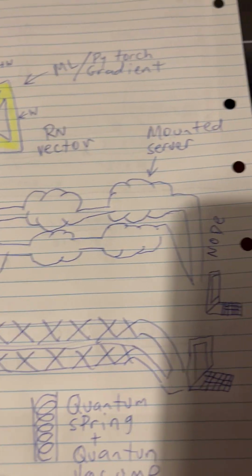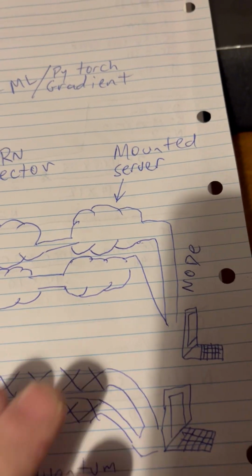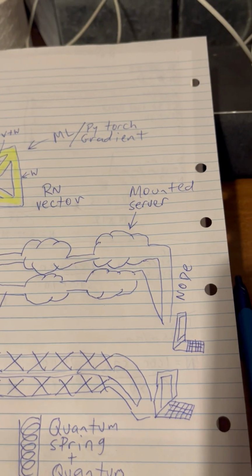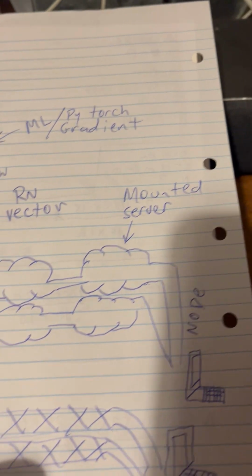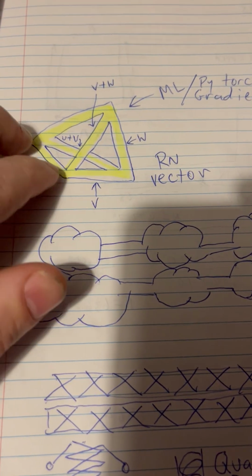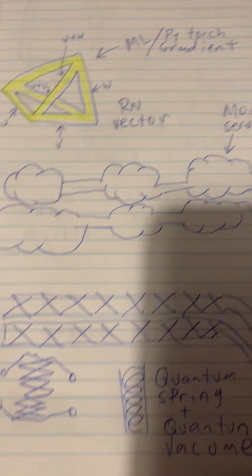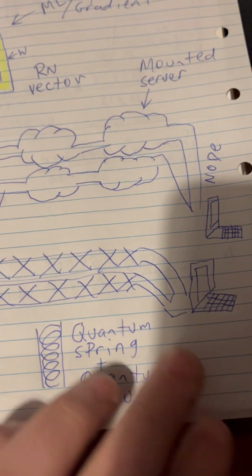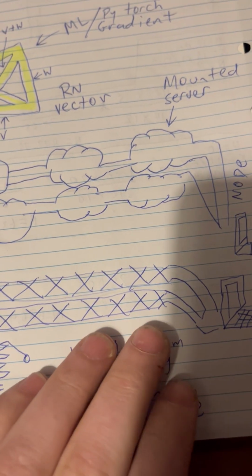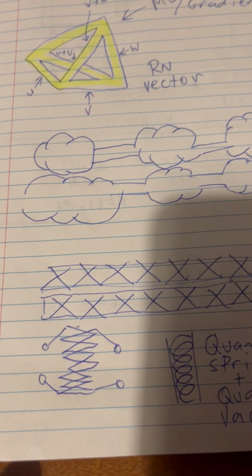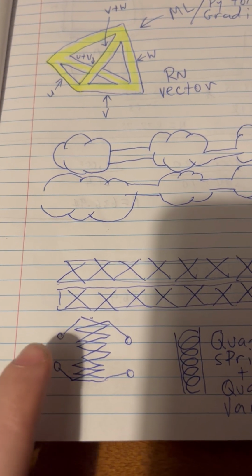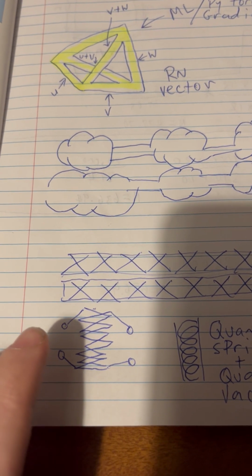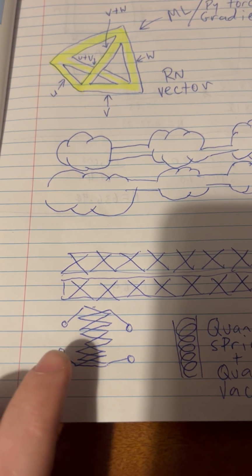So basically, what happens is you write the node, you start the servers, you put up the clouds, and then you put in the vector math. And after you've got the vector math, you start the algorithm. And after you start the algorithm, because it's a neural algorithm, a machine learning neural algorithm, it runs through all this.